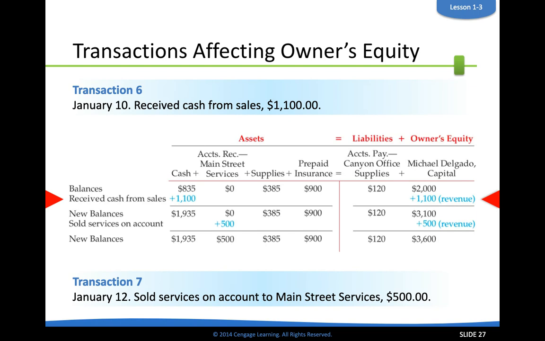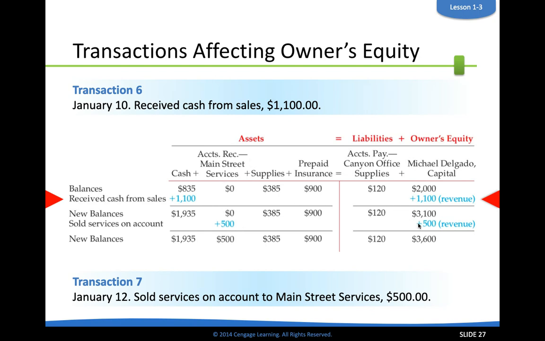Even though Delgado Web Services didn't get the cash, we still consider it an asset because somebody else now owes us. So it goes into accounts receivable, which means Main Street Services, who they provided that service for, owes Delgado Web Services $500. So the effect of this: sold services on account, accounts receivable goes up by $500.